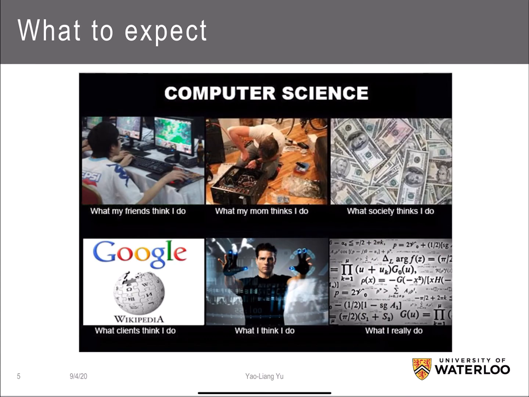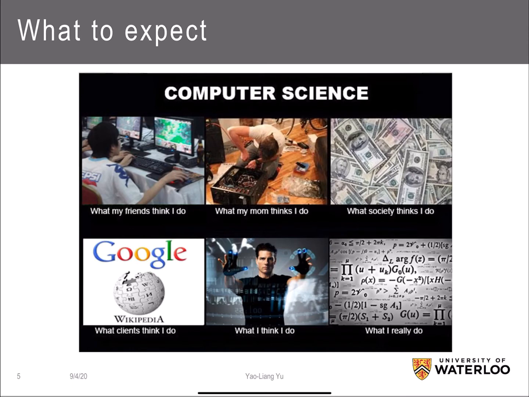What to expect? I want to make it clear that this is not a typical data science course or even a machine learning course. This is an optimization course, meaning that we're going to learn optimization algorithms. We're going to use machine learning models as a motivation to study these optimization algorithms, but we will not spend much time on machine learning.